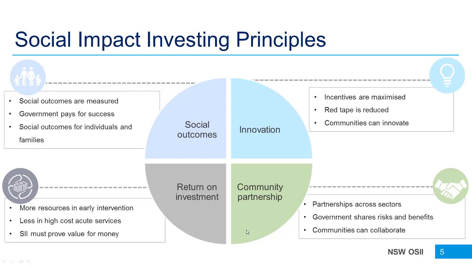This provides a financial return for the government and investors, and it also provides a social return for the people who receive these services, as they are able to improve their lives earlier, and all of these elements result in a proven value for money for the New South Wales Government.